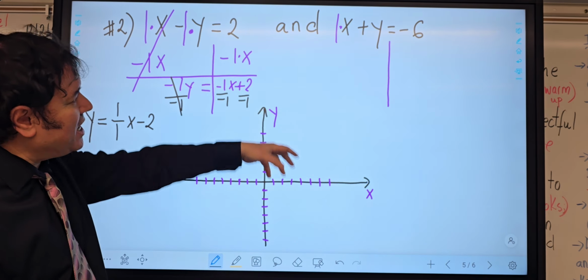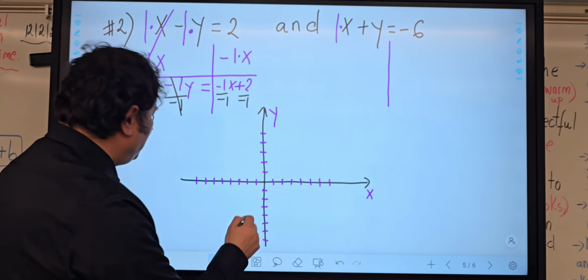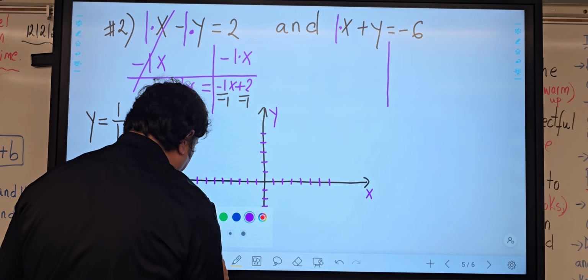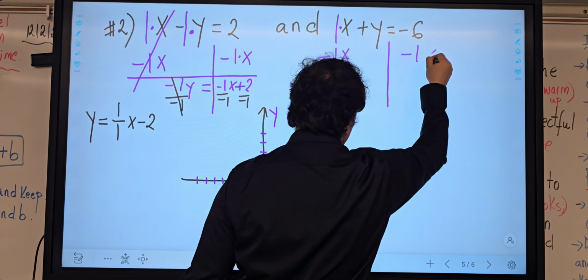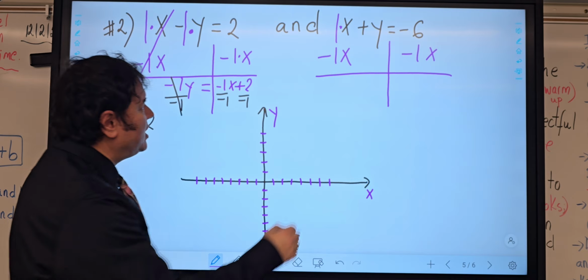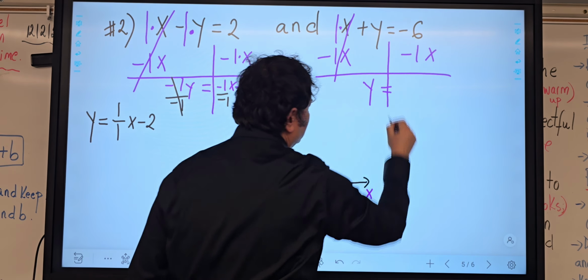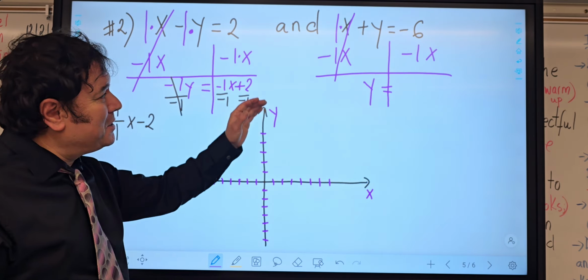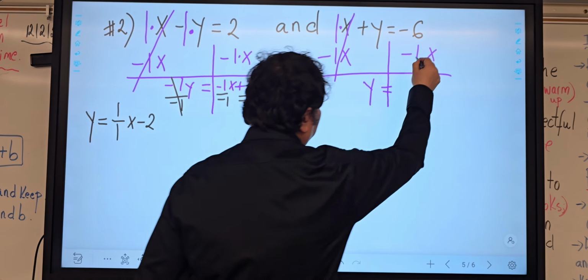Okay, let's get the second equation into the y form by subtracting 1x on both sides. Let's subtract 1x here and 1x on the other side. 1x and negative 1x cancel each other out. So we get y equals, and again, we cannot combine negative 1x and negative 6 because they are two different terms.